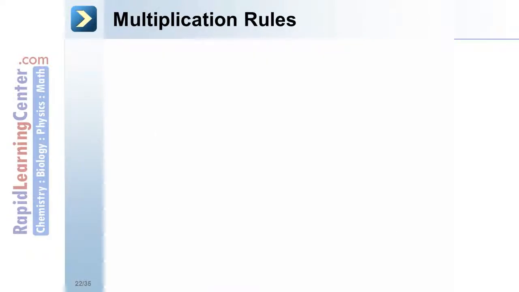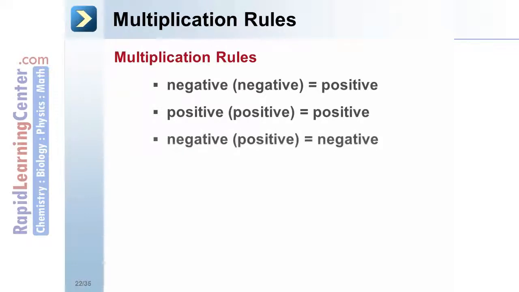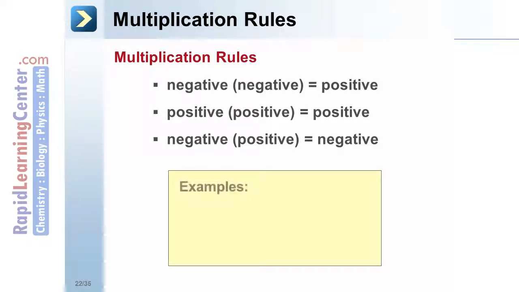Multiplication rules. The product of two negative numbers is positive. The product of two positive numbers is also positive. The product of a negative number and a positive number is negative. Example 1.